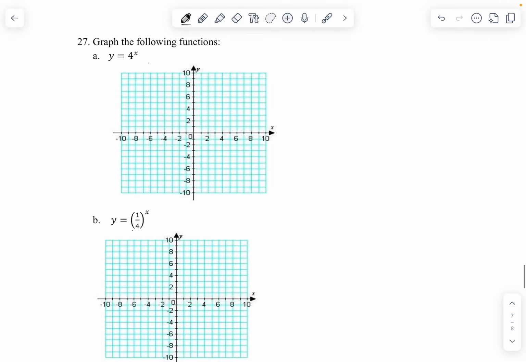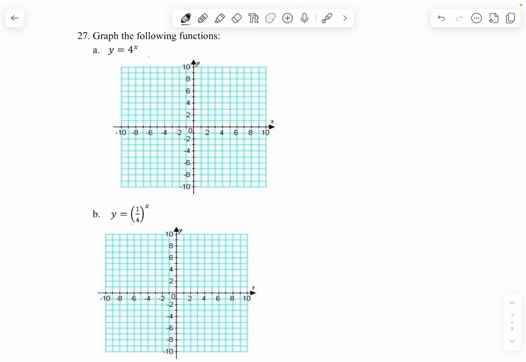27, graph the following functions. So this first one, we have 4 to the x power. I could do a little table here. And maybe pick a few x values, maybe -2, -1, 0, 1, and 2.